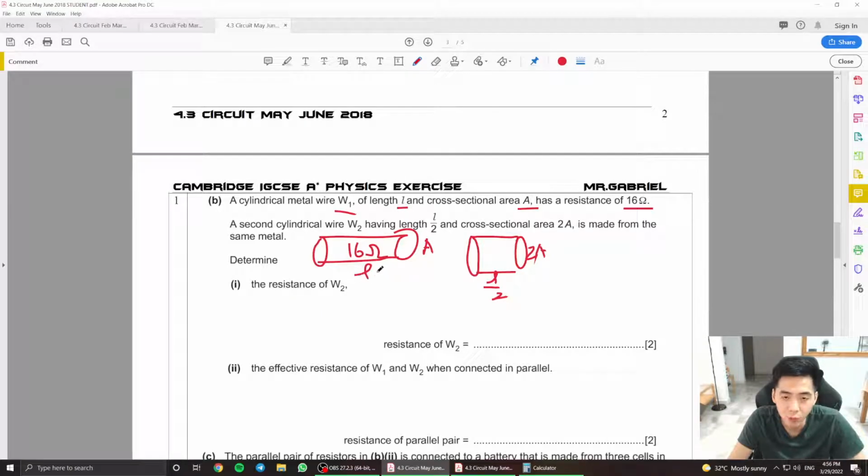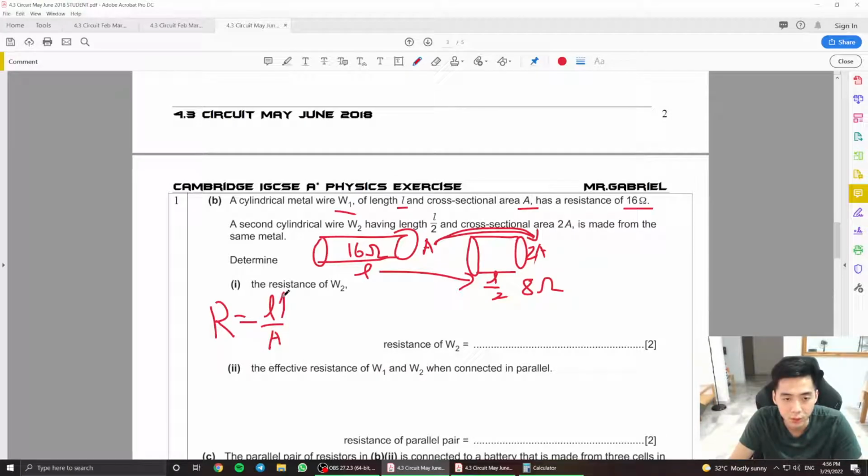Now first and foremost, you can do it one by one, comparing the length. When you halve the length, the resistance becomes 8 ohms only. When you double the area, you're going to halve the resistance, because the formula is resistance is proportional to length over area.